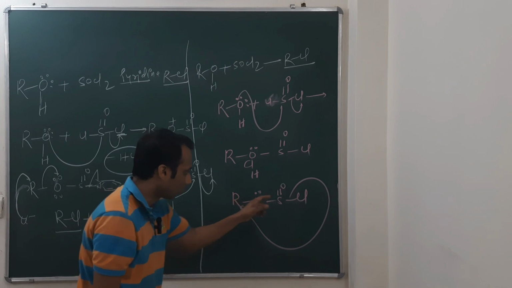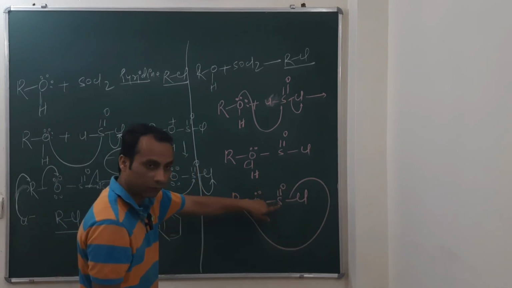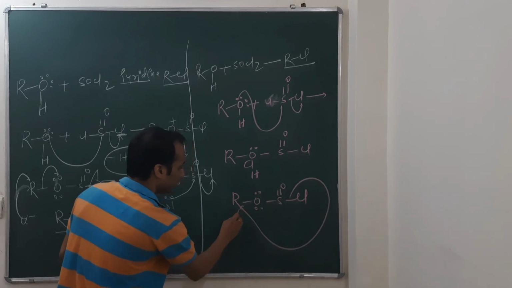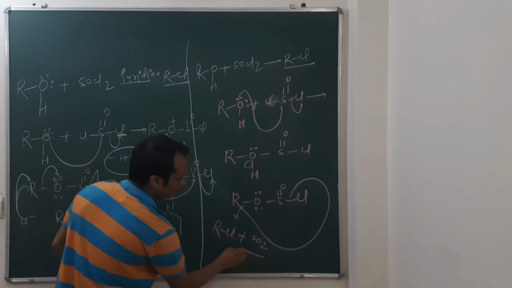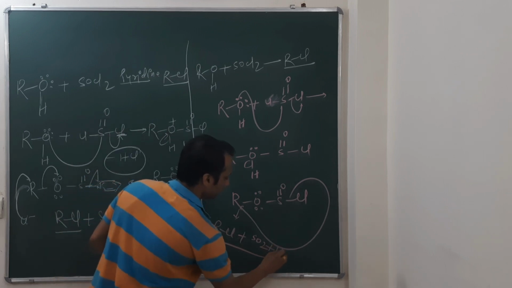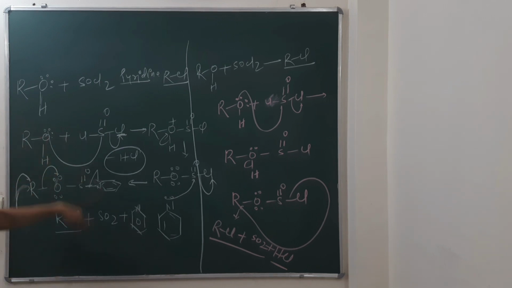So what happens? That will form RCl plus sulfur dioxide plus HCl. Clear or not? So this process is SNi and that process is SN2.